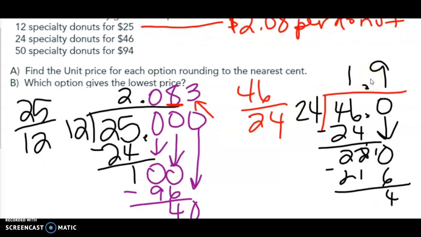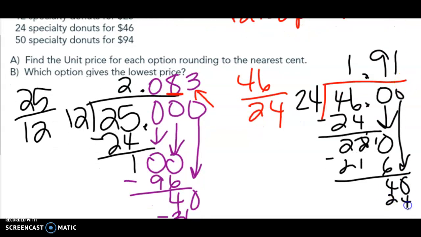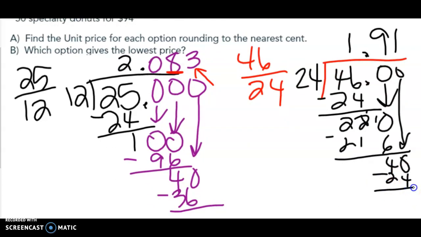I can keep dividing because I can add a 0 and bring it down. And 24 groups out of 40 is once. So 24, and I subtract, and I'm left with 16.